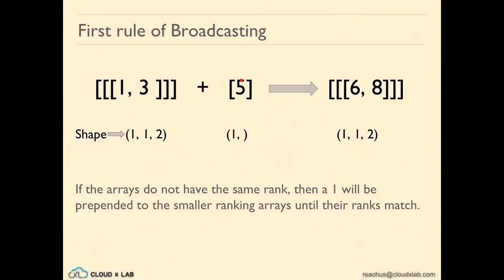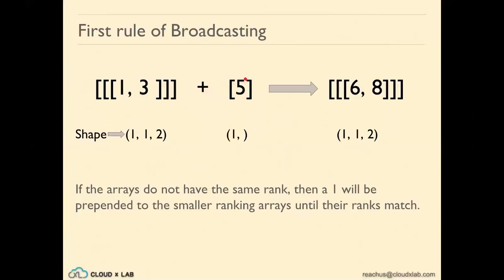In these cases, what happens is it will convert this into a three-dimensional array by putting brackets around it. This is the first rule of broadcasting. So this will actually become a three-dimensional array of 1 by 1 by 1. Here this is a one-dimensional array, and this one is three-dimensional.